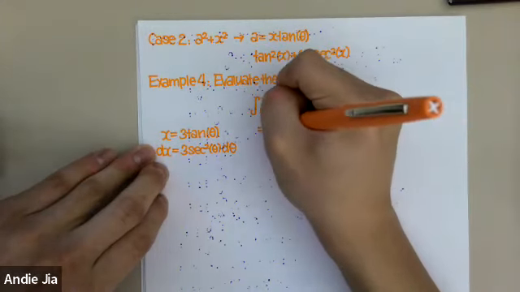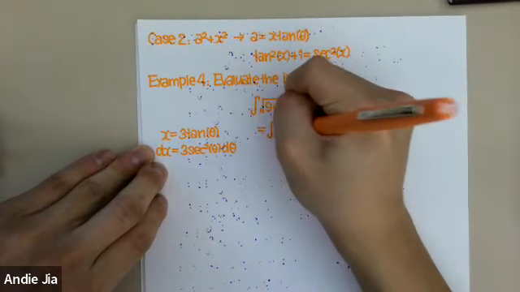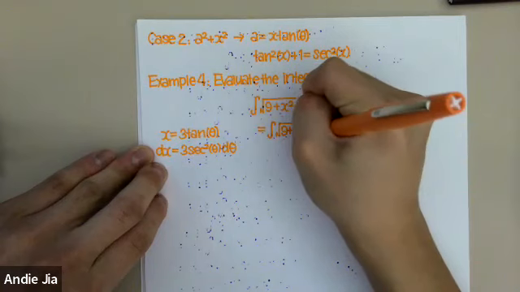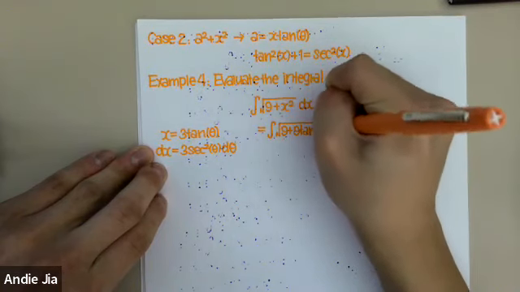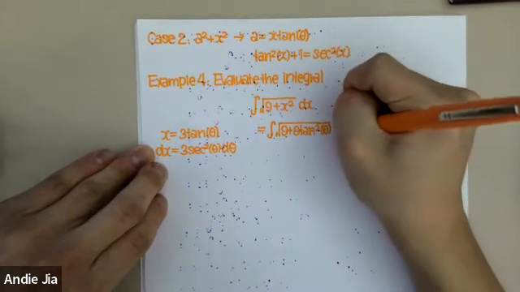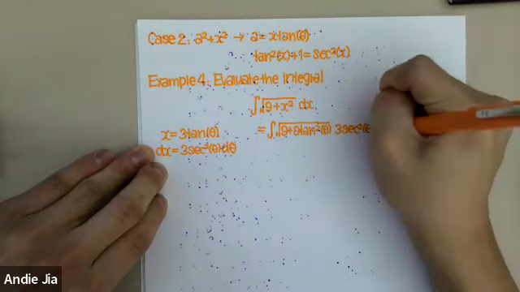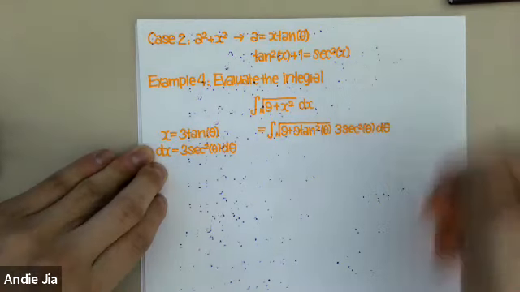It's going to be 9 plus 9 tangent squared of theta times 3 secant squared of theta d theta.